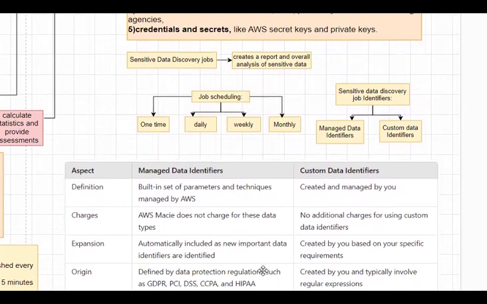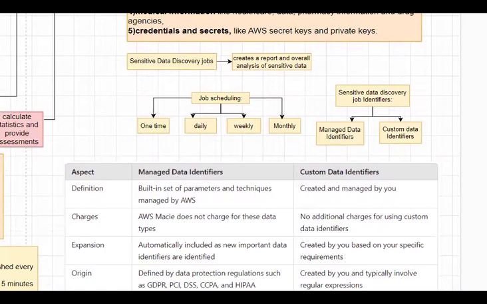If it comes to custom data identifiers, these are created by you and written in the form of regular expressions. You can write them in the form of regular expressions, regex.